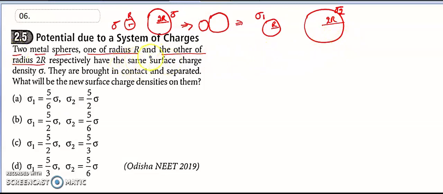First, surface charge density is equal to charge divided by surface area.